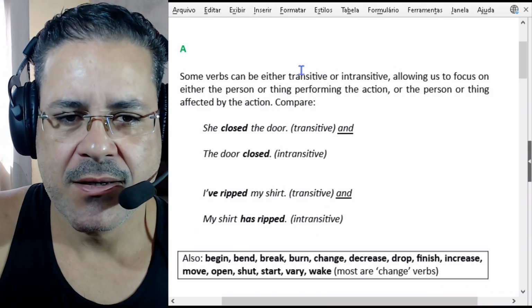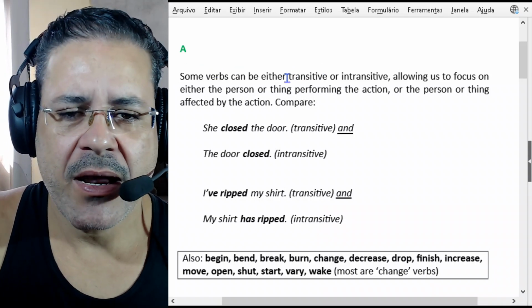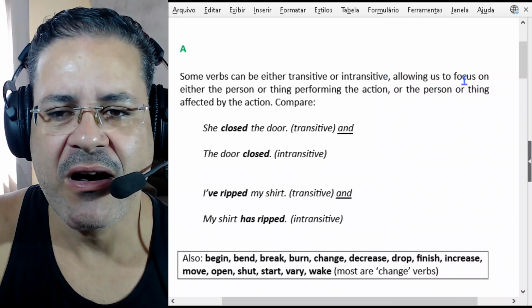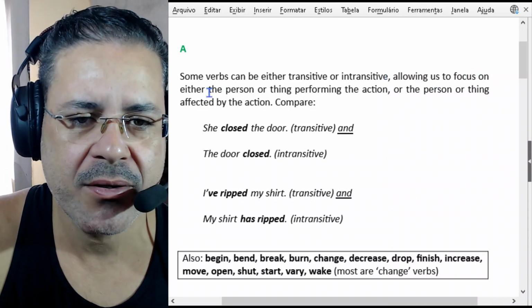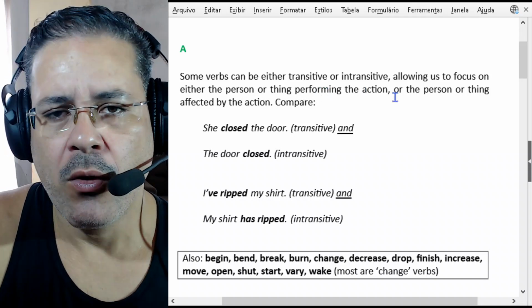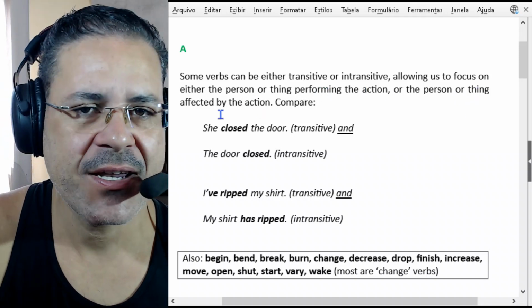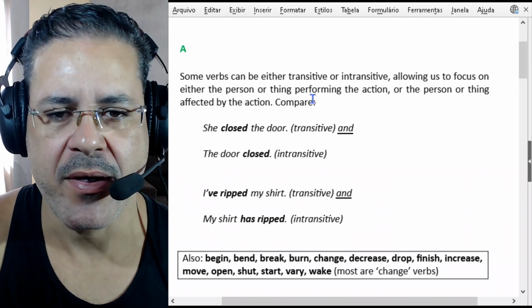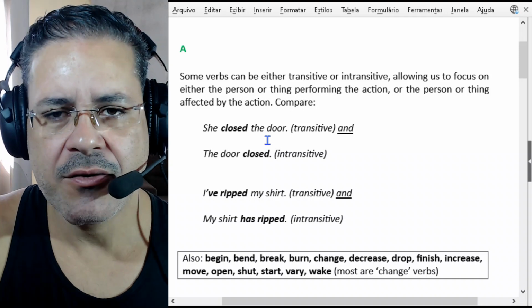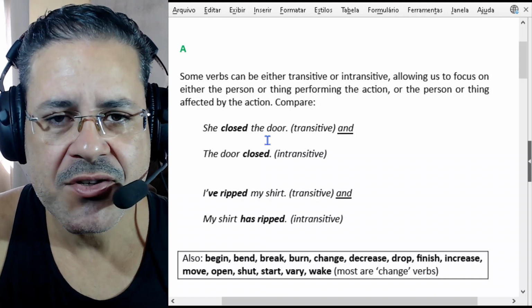But anyway, let's continue. Some verbs can be either transitive or intransitive, allowing us to focus on either the person or thing performing the action or the person or thing affected by the action. Compare. She closed the door.